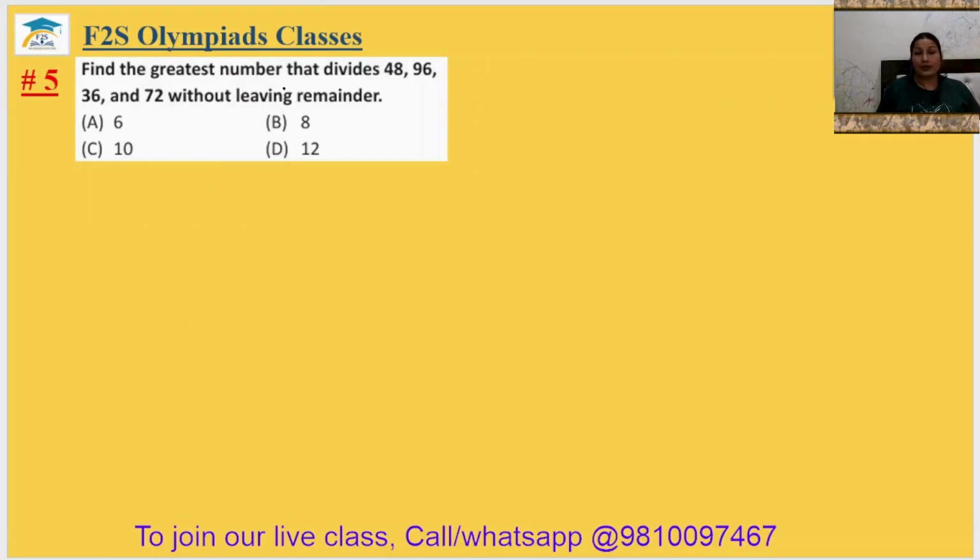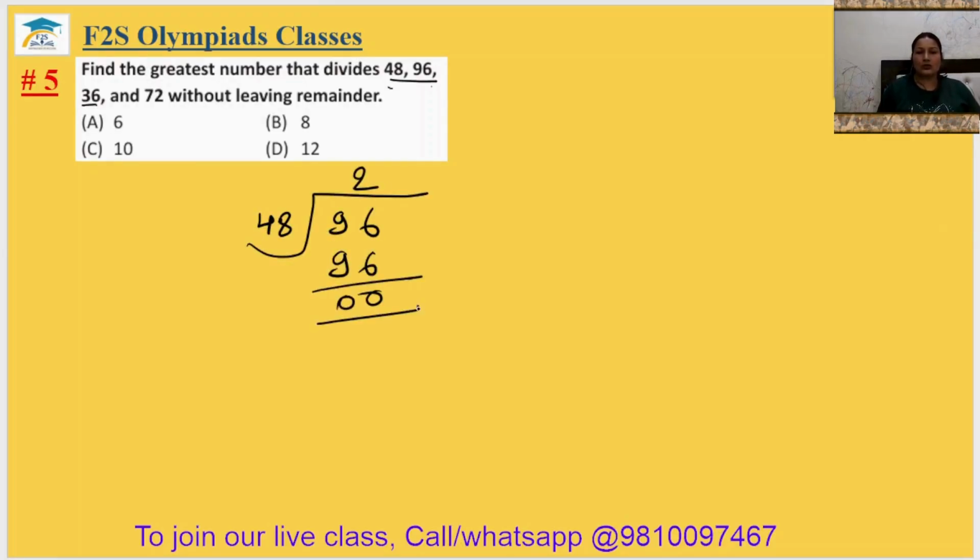Question number 5. Find the greatest number that divides these without leaving a remainder. To find the greatest number, we need to find the HCF. So 48 divides 96: 2 times 48 is 96, remainder 0. It means for these 2 numbers, 48 is the HCF. Now 48 will be the dividend and 36 will be the divisor. 36 ones are 36, 8 minus 6 is 2, 4 minus 3 is 1.